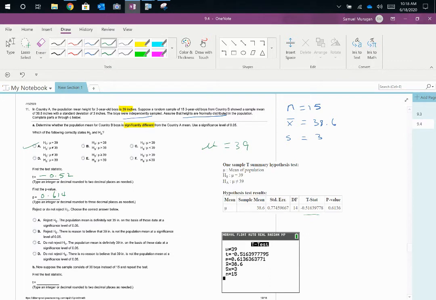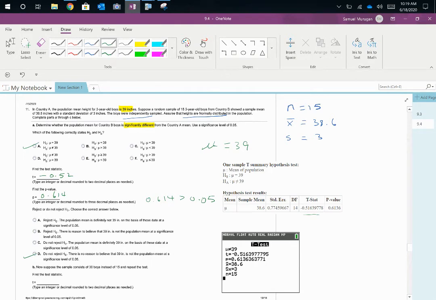Now, immediately we know that 0.614 is greater than the significance level given of 0.05. That means we do not reject the null hypothesis.